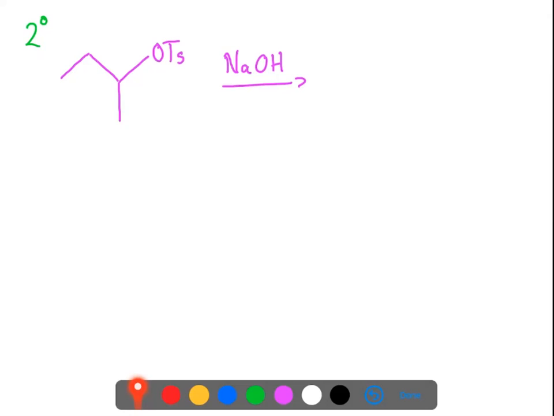So we have now two possible beta positions. We have a beta position here and a beta position here. And so the preference will be to form an alkene that is most highly substituted. So for the hydroxide, which doesn't have any steric encumbrance, we're going to see the formation of a pi bond between this alpha and beta carbon as opposed to this alpha and beta carbon.